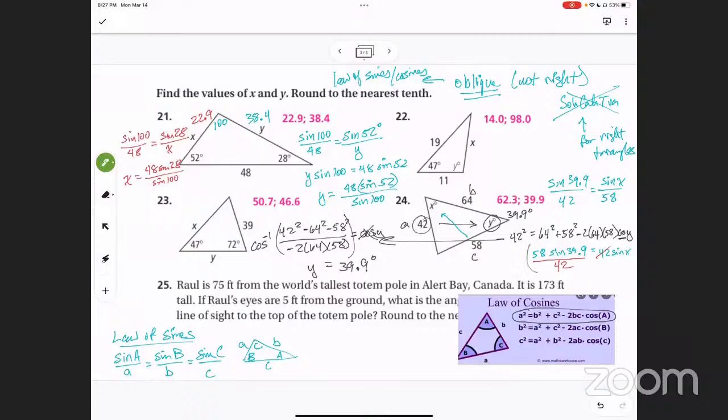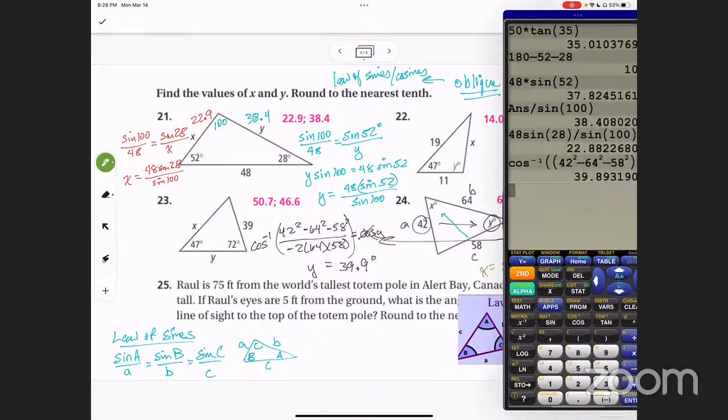So what I do is I take the sine inverse of that mess there, and that'll get me x. Got it? So I can do that all in one step. Sine inverse of 58 times the sine of that thing that I had, all over 42.